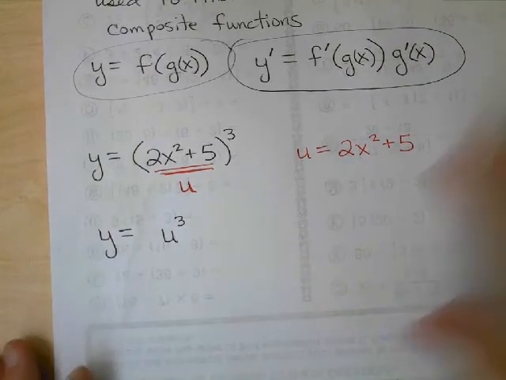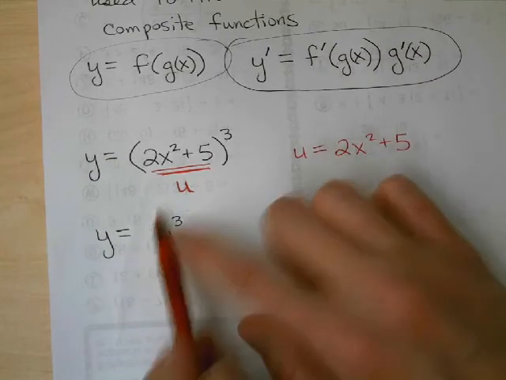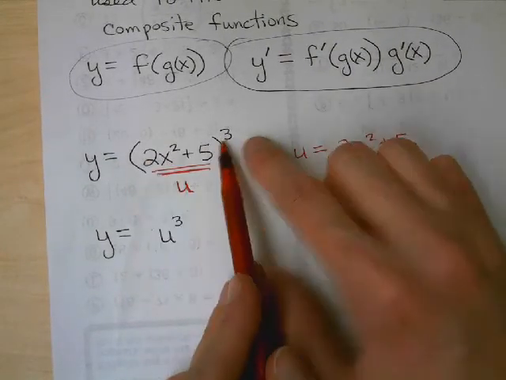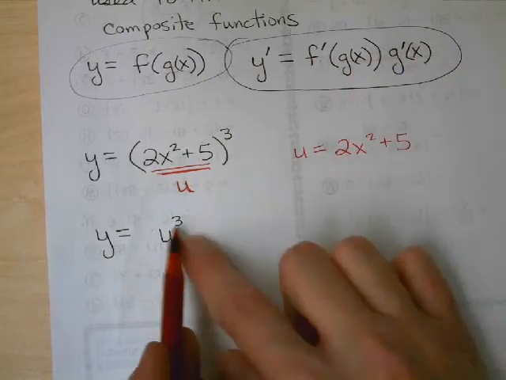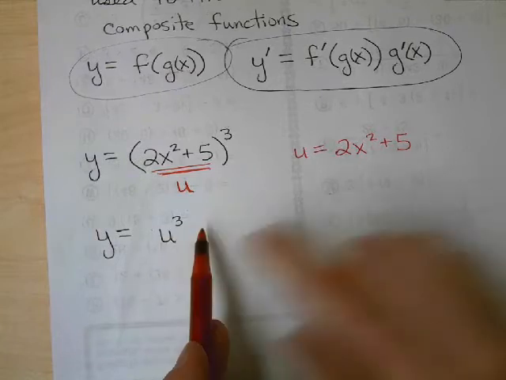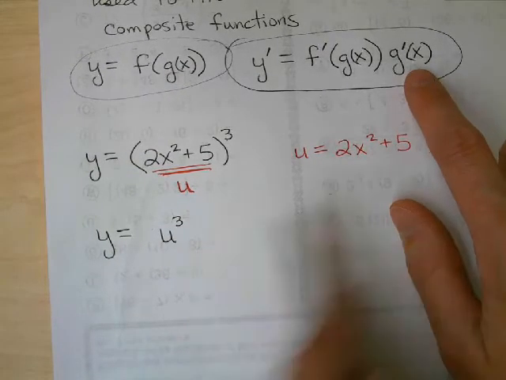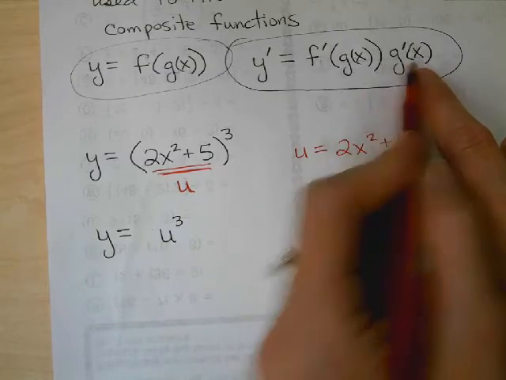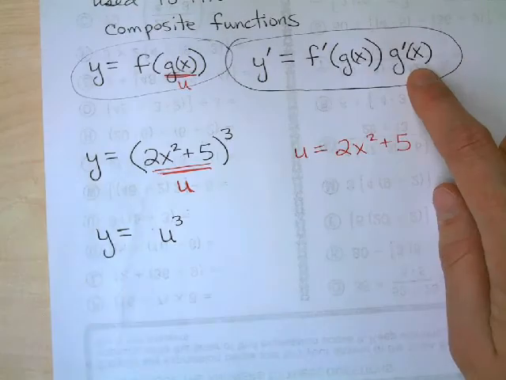Like they're saying here, you first find the derivative of something to the third power, using the power rule, and then times the derivative of the inside stuff, the u stuff. We're calling this g of x part u, this inside stuff.